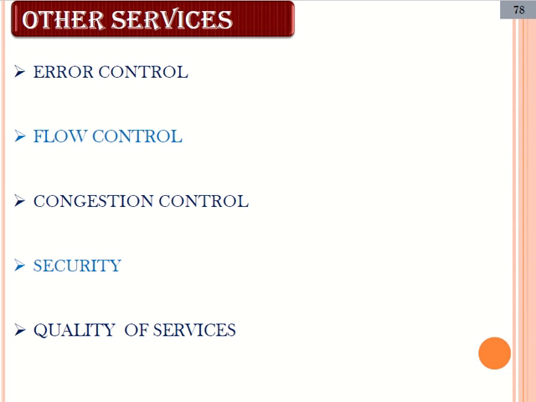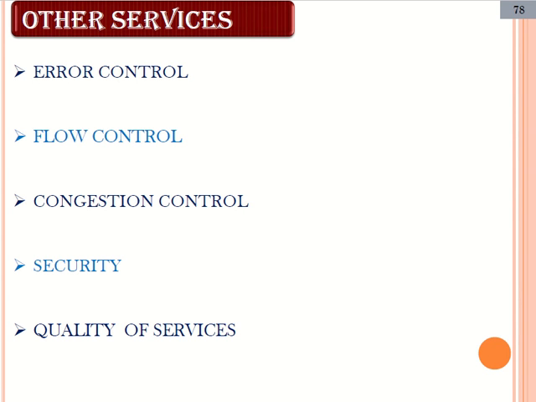The second one is flow control. Whenever a packet is transmitted between two systems, the source and the destination, both systems should be synchronized, so the data rate at which packets move from source to destination has to be controlled.